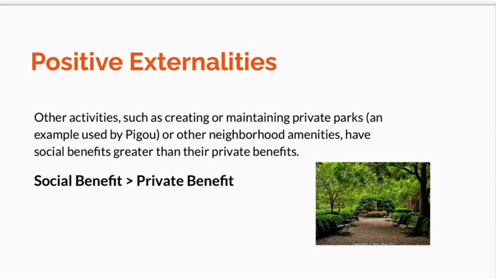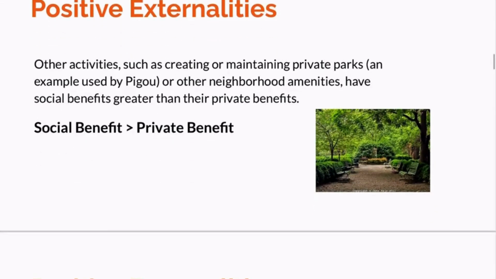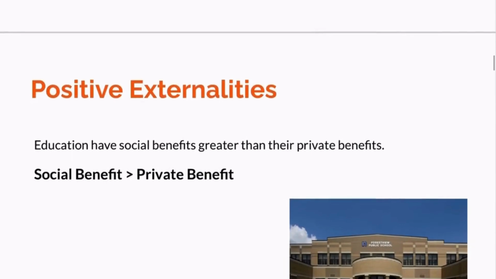All this would be a benefit to the neighbors who are staying around the private park, right? So even when the parks are private and not public, if they are in a neighborhood, the neighbors who are not paying for that private park would benefit from it. That is what it means: the third party is additionally benefited over and above the parties who are the stakeholders. So the social benefit is clearly greater than the private benefit.